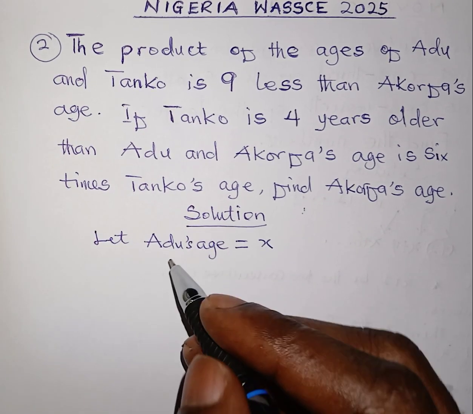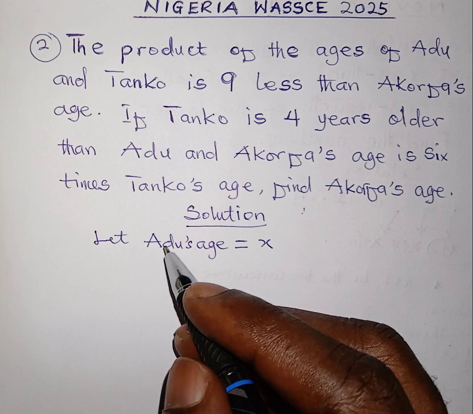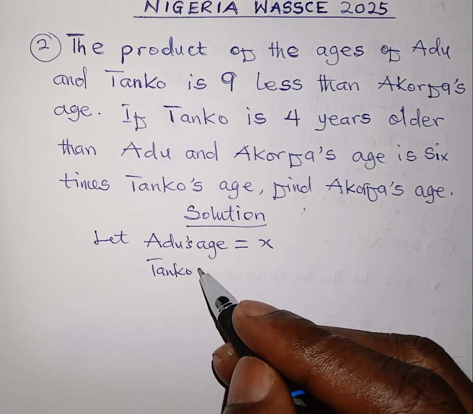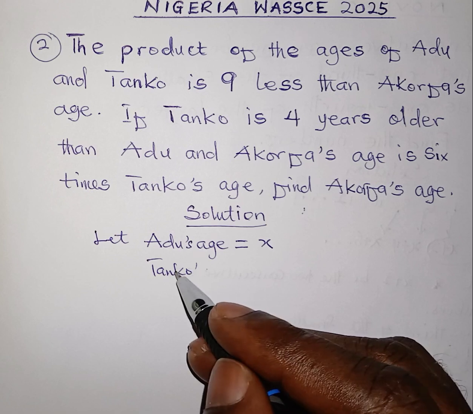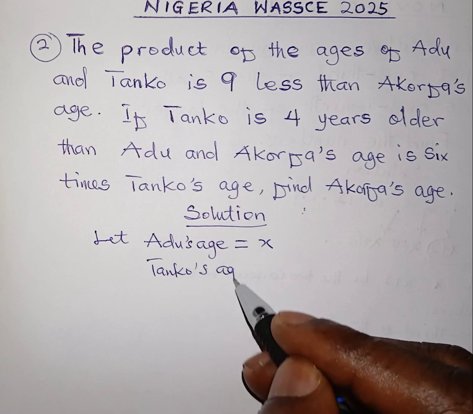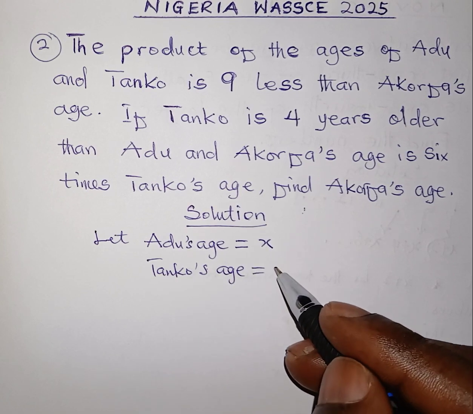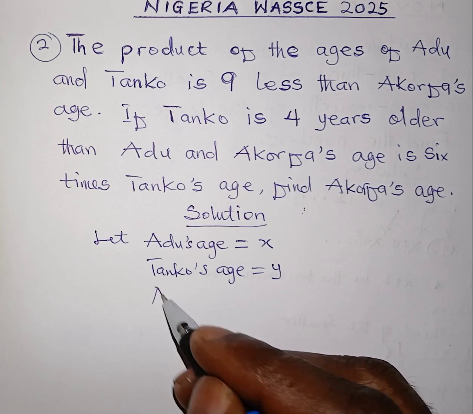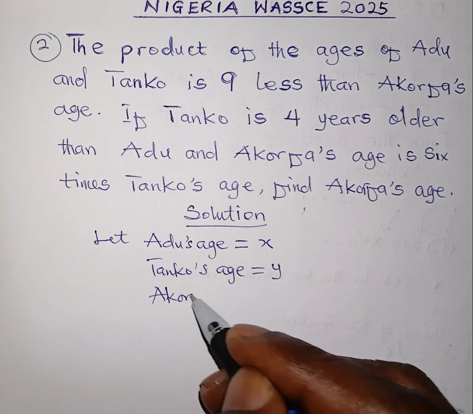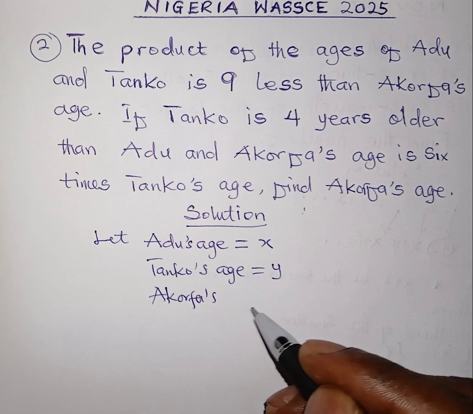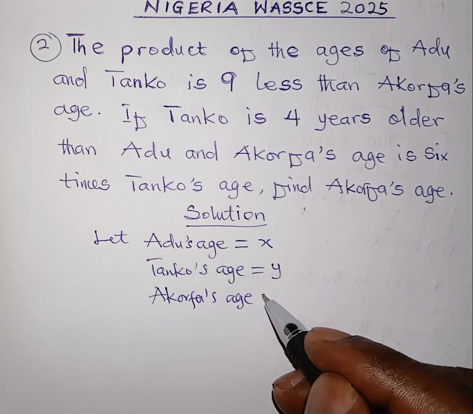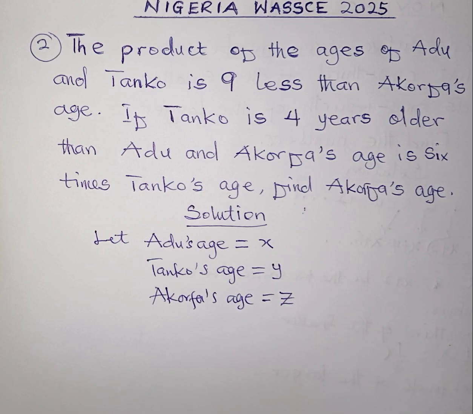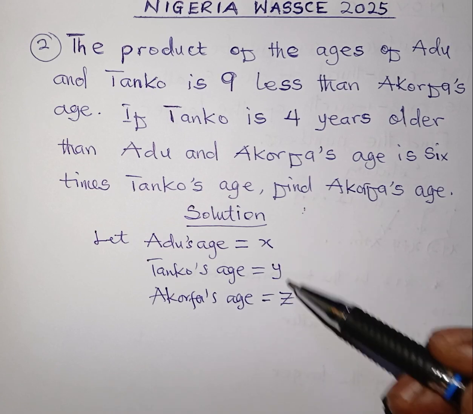For Tanko's age, I don't know it, so I'm using Y to represent Tanko's age. And for Akofe's age, I don't know it as well, so I will use Z to represent that. Good. So we are using these letters.